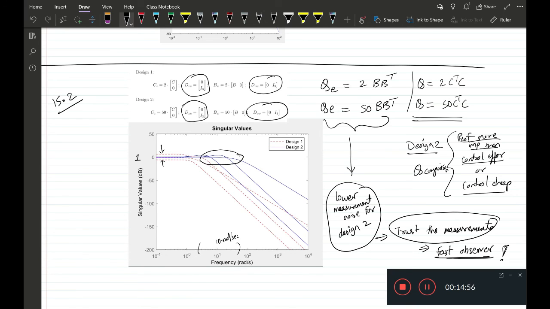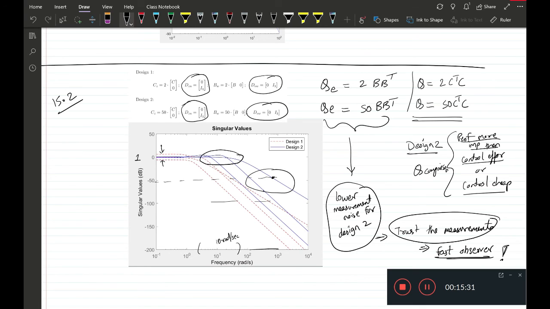The drawback of design 2 would then be seen for higher frequencies, which is here. If we have noise, design 2 shows a higher sensitivity to noise because of the sigma max: we have one direction in which, if we have noise along that direction, the output amplitude would be high, whereas for design 1 it would be much lower.